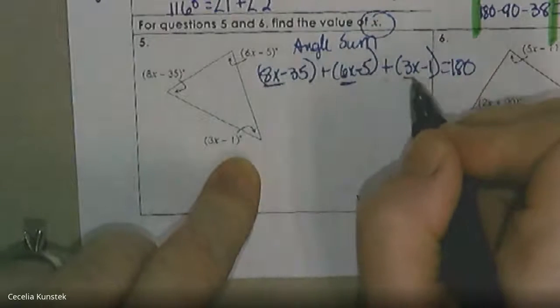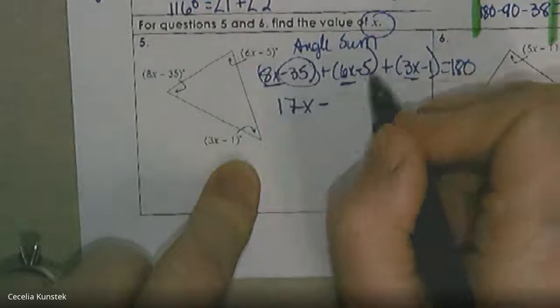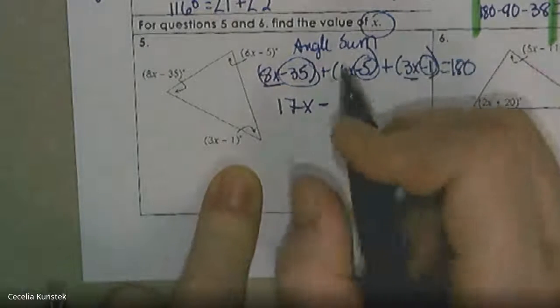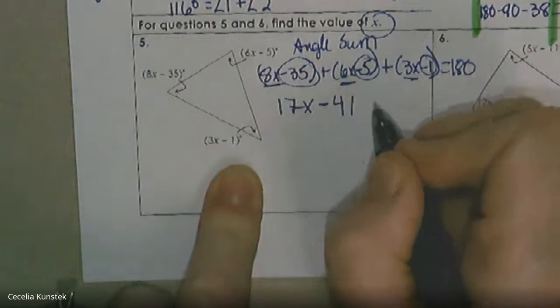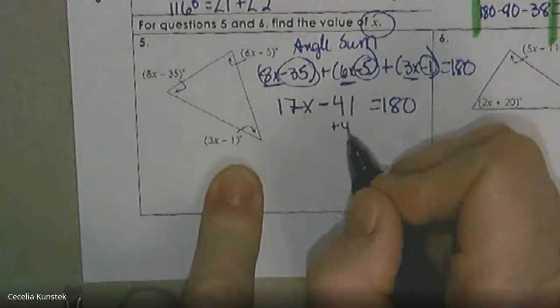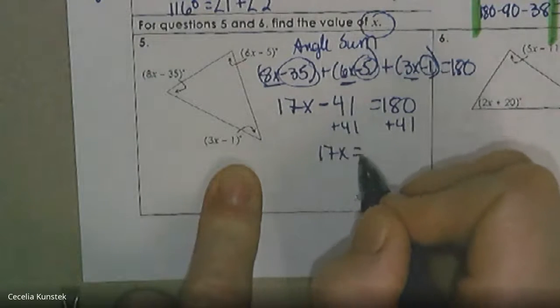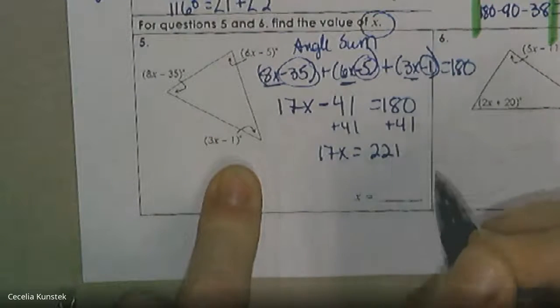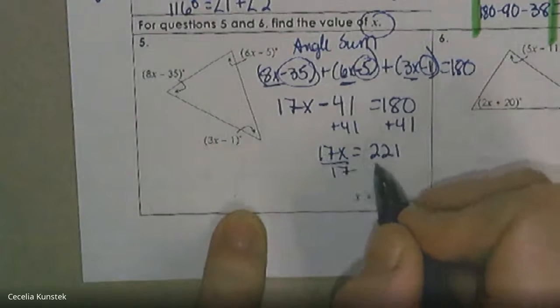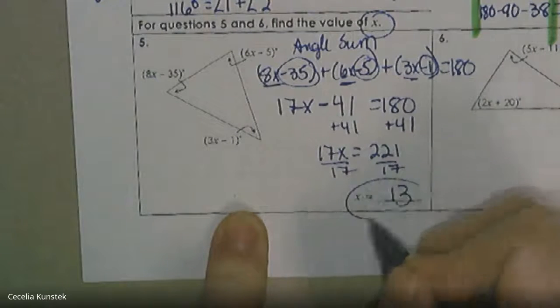I'm going to combine all my x's, so I have 17x. Then I'm going to combine this, this, and this, my like terms. 17x minus 41 is equal to 180. Then I'm going to add 41 to each side. So I have 17x is equal to 221. Divide by 17. So x is equal to 13.